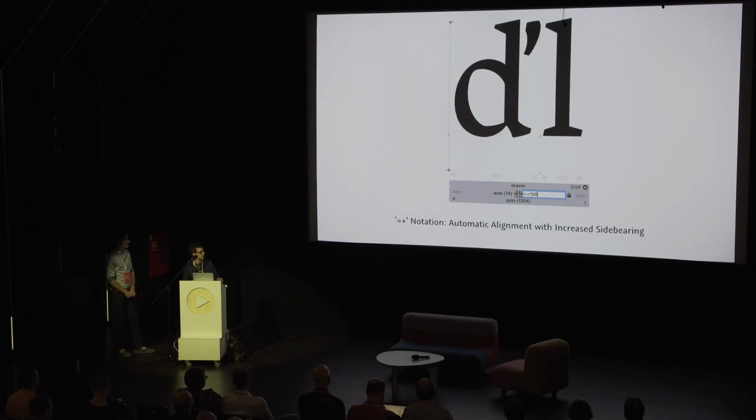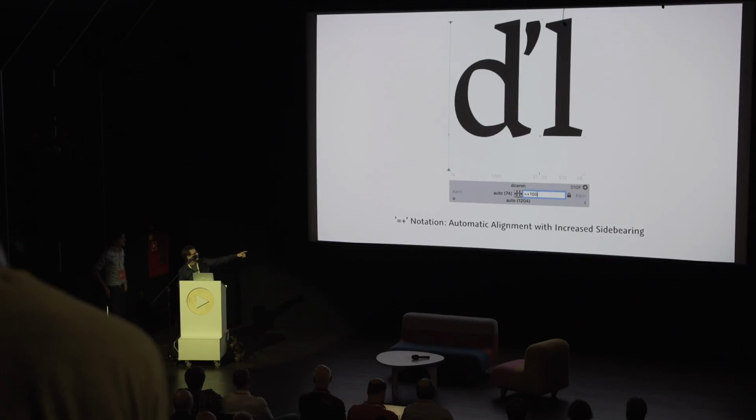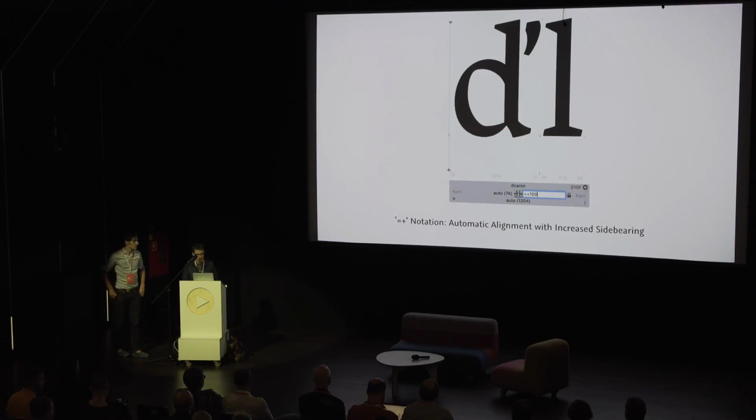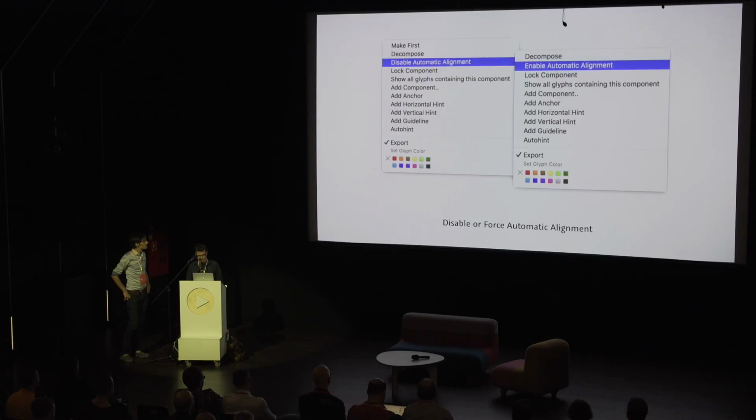Now you can with what we call a metrics key, and that's the incremental metrics key. If you start with equals plus, then that amount gets added to the automatic alignment. And you can still use automatic alignment. So if the D is updated, D caron gets updated as well, plus 100 units in this case.